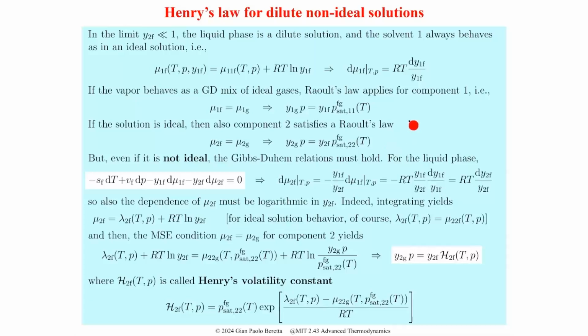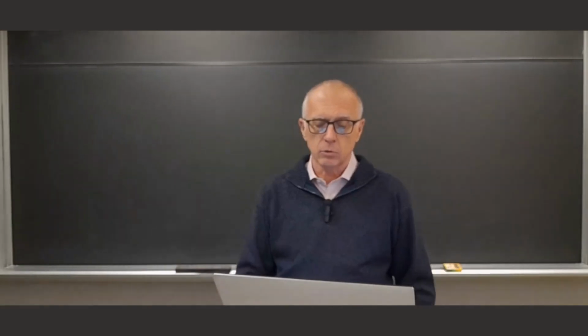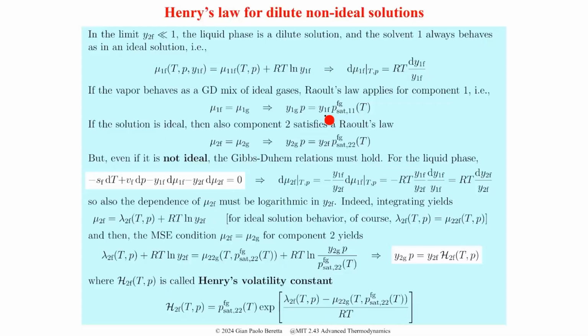So that means let's consider component 1 as the solvent for which this equation is valid in the limit of y1f going to 1. That means the liquid composition is very close to the pure substance. So that's a dilute solution limit. Substance 2 does not behave according to Raoult's law.